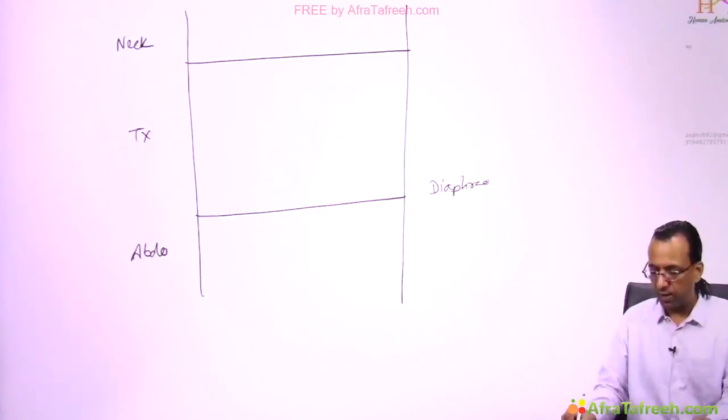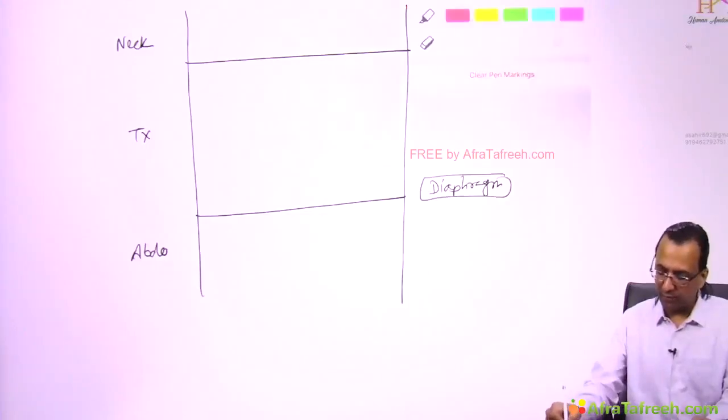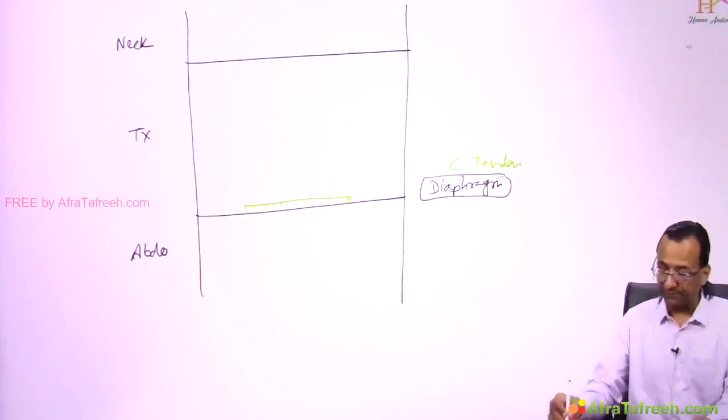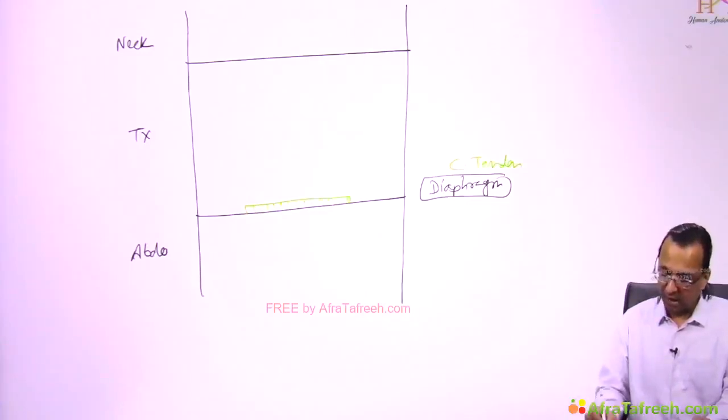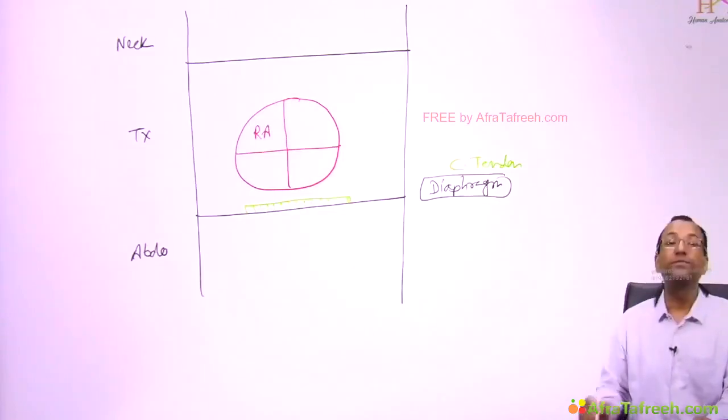And on the thoraco-abdominal diaphragm, you have a central tendon of diaphragm. And on the central tendon of the diaphragm, you have the heart sitting. And as you say, the heart is sitting, it will have the 4 chambers. And you will be focusing upon the right atrium now.